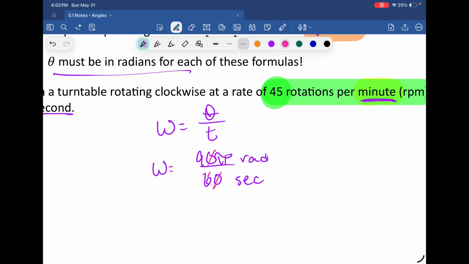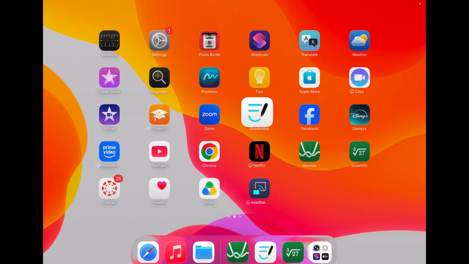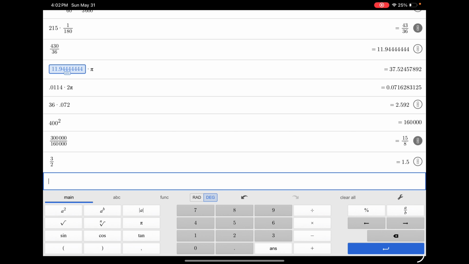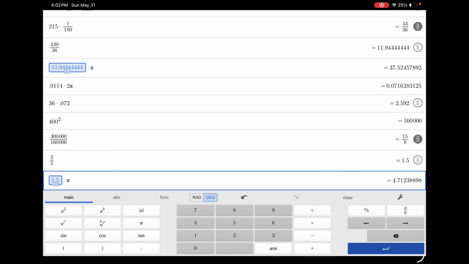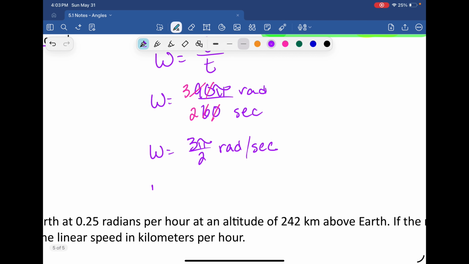Zeros cancel, divided by 3, so I have omega as 3 pi over 2 radians per second. You can do this in your calculator too: 3 over 2 times pi is 4.712 radians per second.